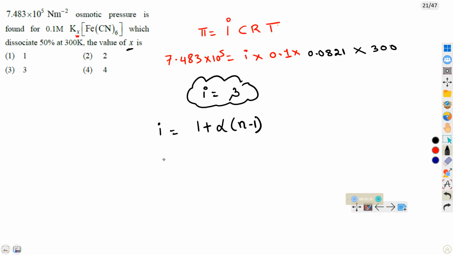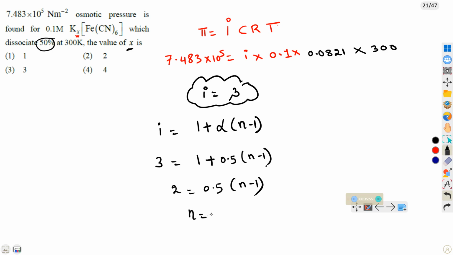Then i value 3, 1 plus alpha, 50 by 100, value 0.5 into n minus 1. Simplify. Then 3 minus 1, 2 is equal to 0.5 into n minus 1. Calculate the value of n. n value is equal to 5. Total number of ions is equal to 5.